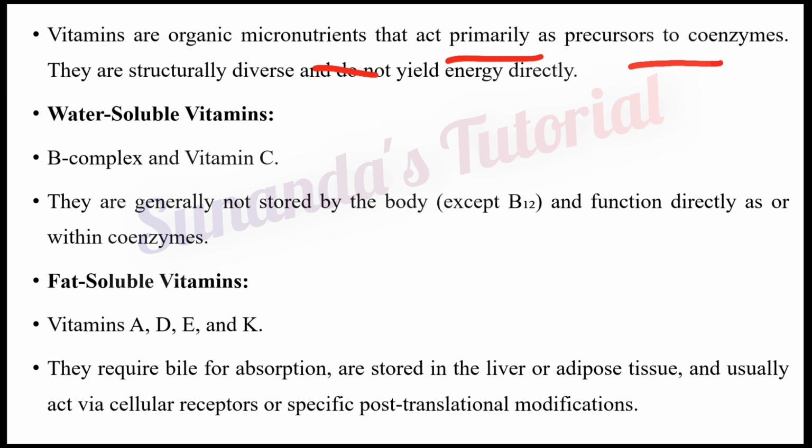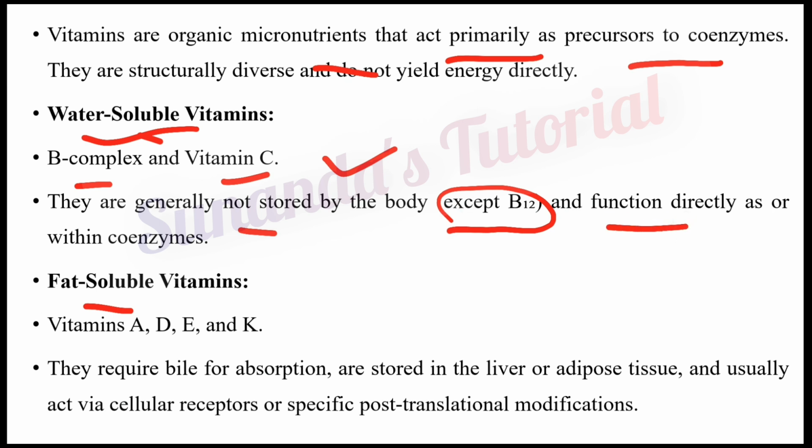Now we can categorize vitamins into two broad categories: water soluble vitamins and fat soluble vitamins. Under water soluble vitamins, the B complex and vitamin C are there. They are generally not stored by the body except B12, and function directly as or within coenzymes.